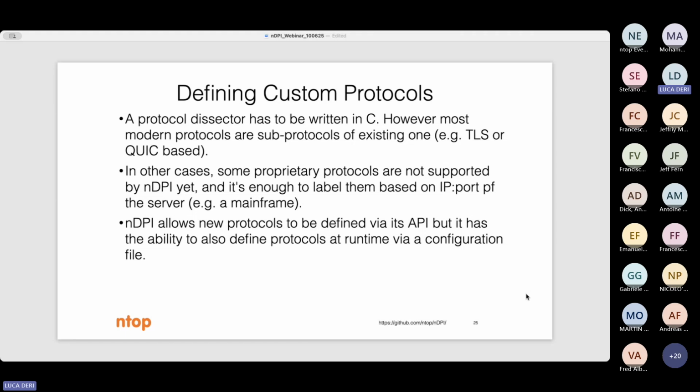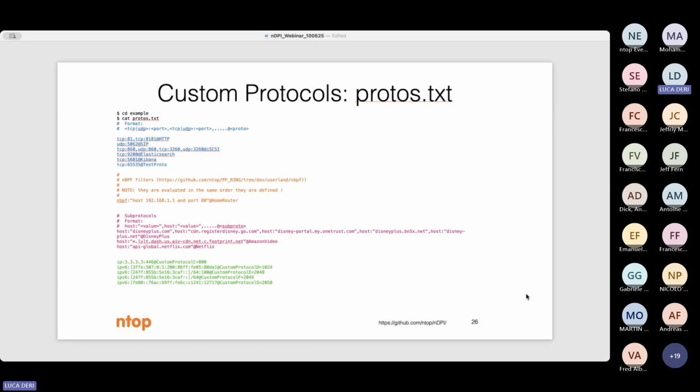If you say, this is a PLC or this is a mainframe, and I know for sure that this is a certain proprietary protocol of my PLC manufacturer, you don't have to spend time creating a dissector or coding it, asking for some consultancy for doing that. You can classify that by yourself and define it in a file.